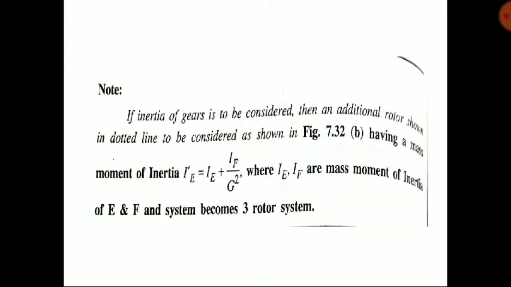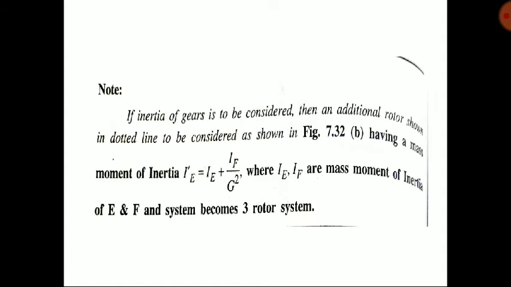Now one more note here: if the inertia of gears is to be considered, then an additional rotor shown in dotted line is to be considered, as shown. Here in this consideration we have not considered the inertia of gears. If the inertia of the gear system is mentioned in any problem, then the mass moment of inertia will be I dash, the equivalent in the equivalent figure. Instead of I we get I dash.